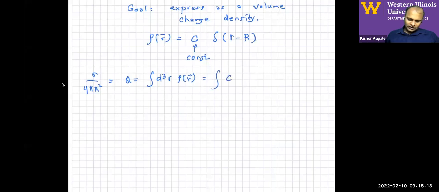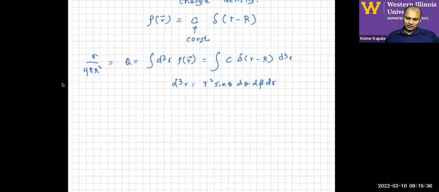And so you just have to do the integral of C delta of r minus R d cubed r. And because it's a delta function, you can write down d cubed r as r squared sine theta d theta d phi dr. So you can actually do the volume integral using 3D spherical coordinates.